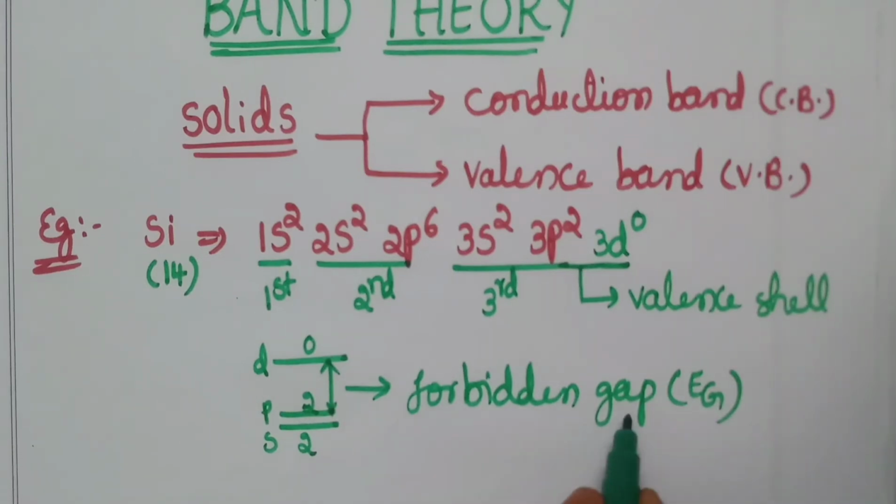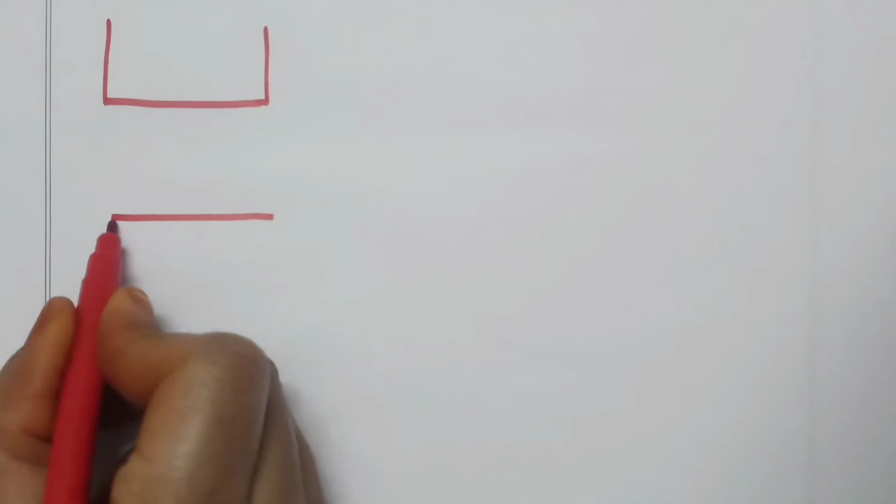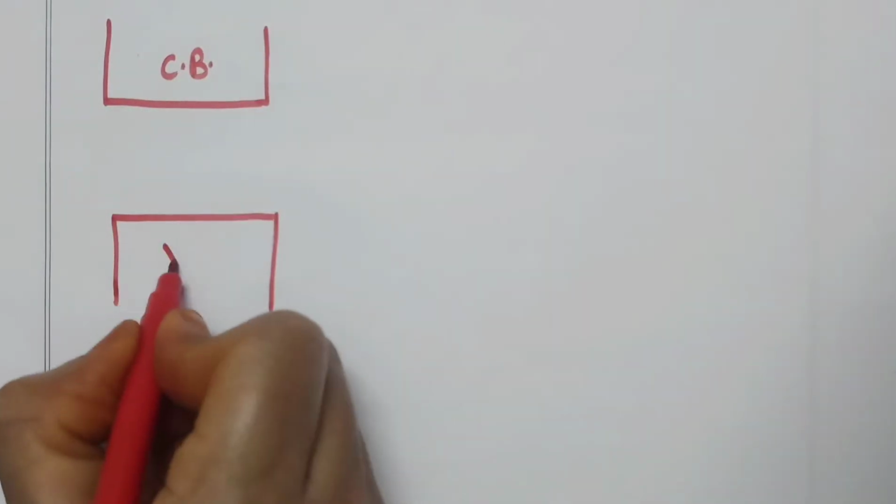Based upon this forbidden gap, the solids are divided into 3 types: insulators, conductors and semiconductors. For any kind of solid, there exist 2 bands that we already discussed, that is the conduction band and the valence band.